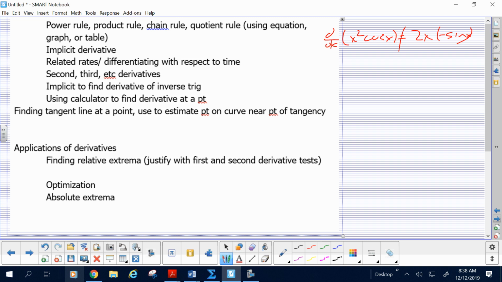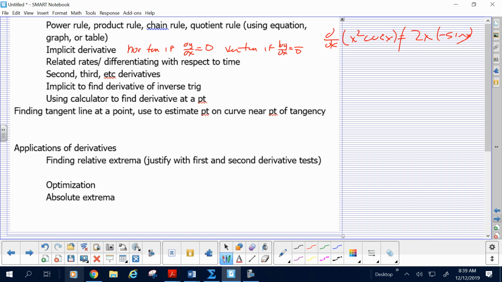Okay. Implicit derivatives, you guys are actually pretty good with that. Remember, horizontal tangents if dy dx is 0, vertical tangents if dy dx is undefined, or 0 in the denominator, okay?